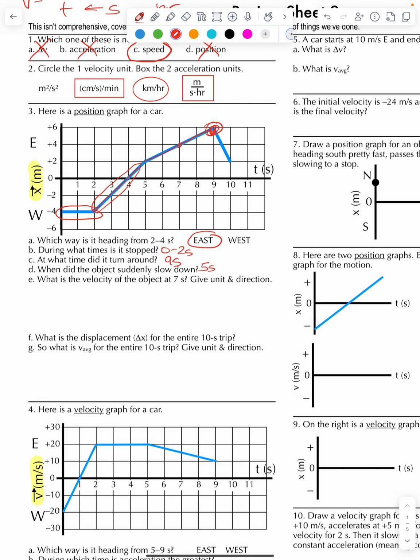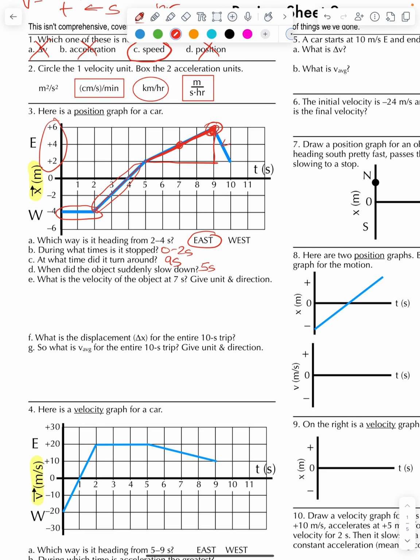So we want to know the velocity at 7 seconds. Well, what is the slope of the line during that time? Well, notice for that entire time from 5 to 9 seconds, we have a constant slope, a constant velocity. So I just want to know the slope of that line, and that is the velocity. So be careful of what's written there. Don't think that the rise is 2 because it's 2 boxes higher.